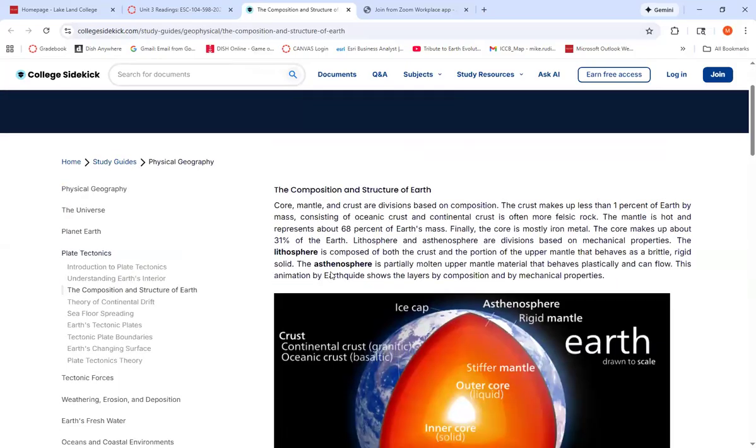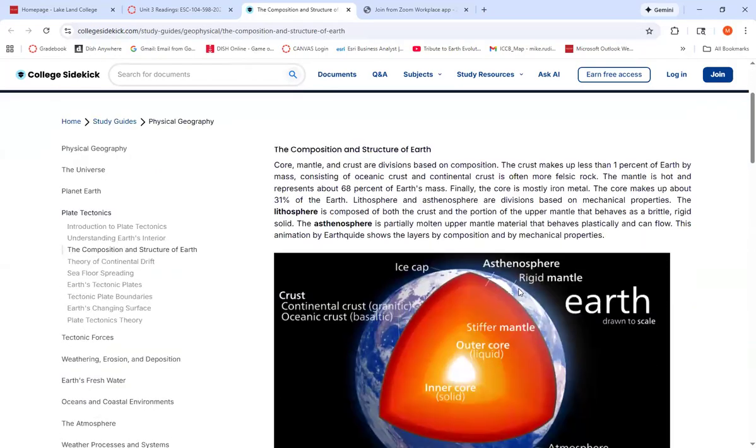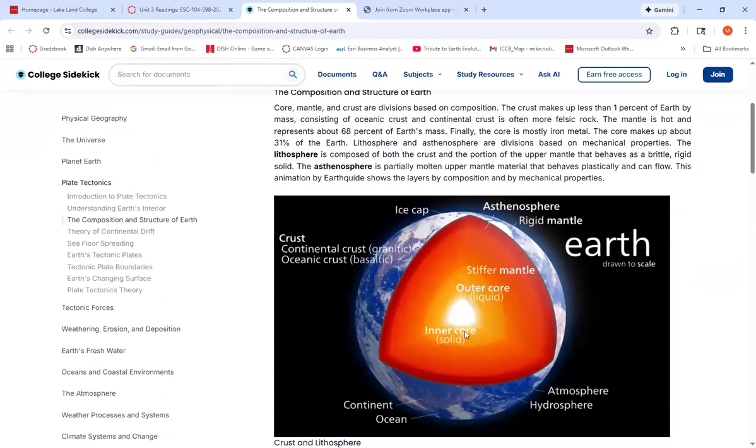Now, to understand plate tectonics, you have to understand the structure of the layers of the Earth, from the inner core to the outer core to the mantle to the outer mantle, and then the crust with the asthenosphere. Temperatures increase as you go inwards, and so does pressure. Constantly this energy and heat is trying to dissipate outwards, and the Earth's crust has to find points and cracks to release that energy and pressure trying to escape.